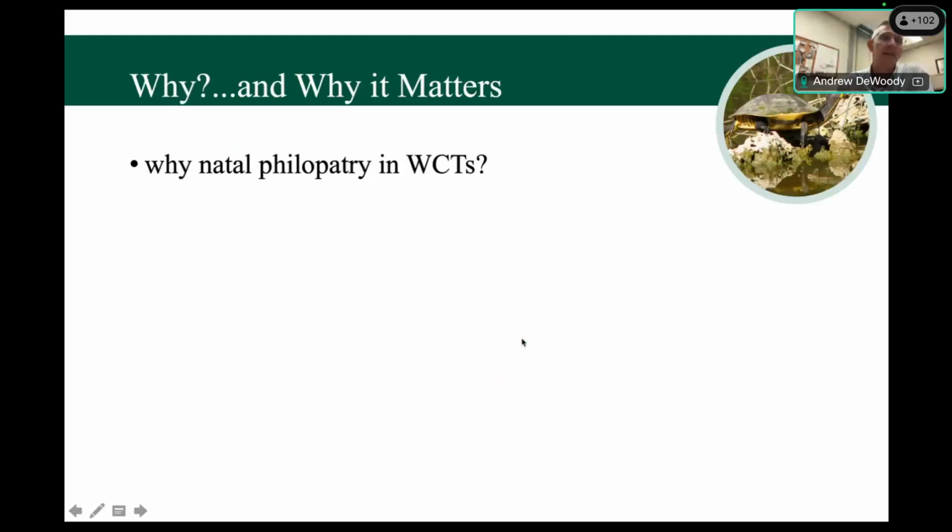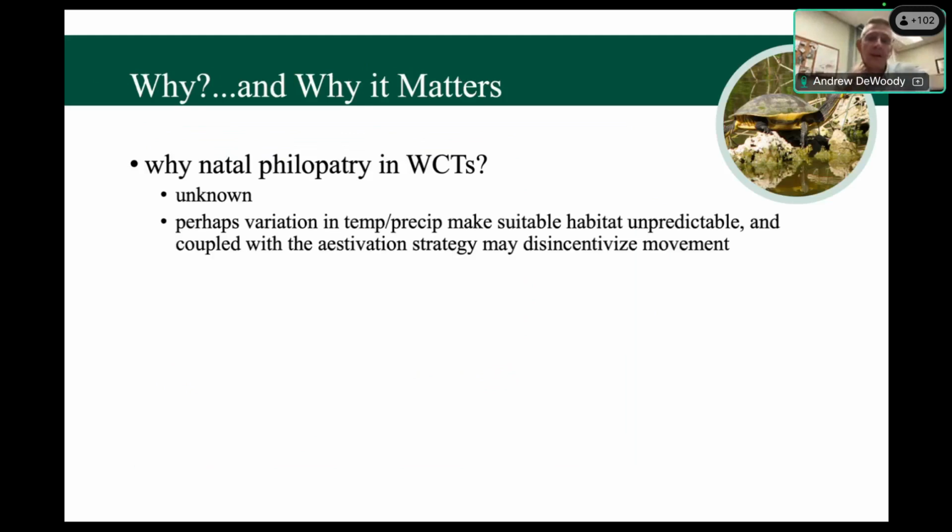So it doesn't seem to be phylogenetic. So Natalie's thinking is that maybe variation in temperature and precipitation make suitable habitat unpredictable, and coupling that with the estivation strategy may disincentivize movement of turtles to explore alternative breeding habitat.